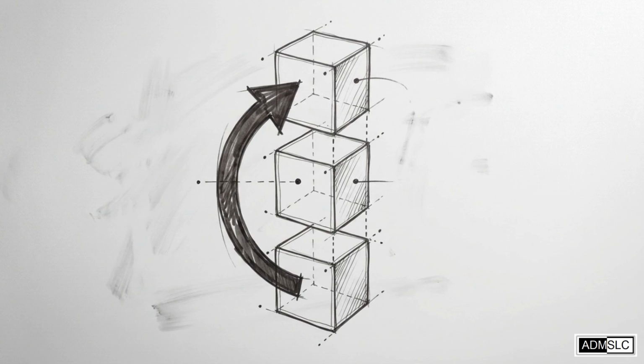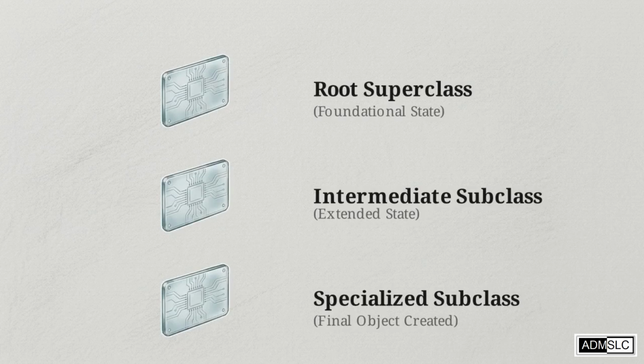Creating a child object triggers a specific order of operations. Because the object contains inherited traits, multiple layers of code must be initialized. The JVM enforces a rigid rule of instantiation. Constructors always execute in a top-down sequence, starting from the highest parent class in the hierarchy.